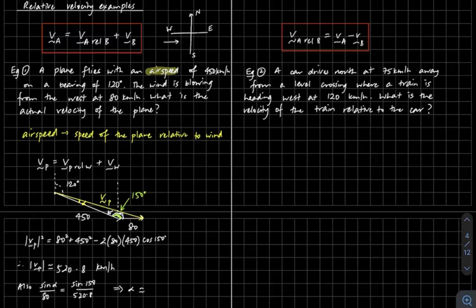So let's go inverse sine of 80 sine 150, 80 times sine 150 divided by 520, or let's just say answer, since that's the last thing I did there. And that gives us 4.4 degrees.